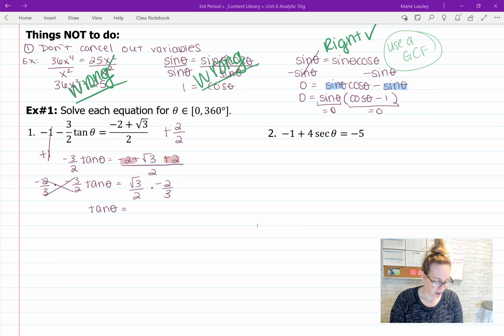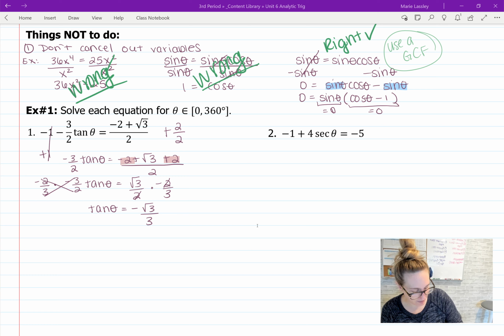There's no other numbers over on the side with tangent. The next thing I want to do is I'm going to use my inverse tangent to get theta by itself. So I'm going to take the inverse tangent of both sides. All right, inverse tangent and regular tangent are going to cancel each other out. So that leaves me with just theta over on the left-hand side.